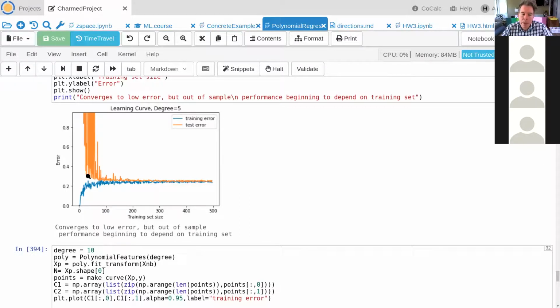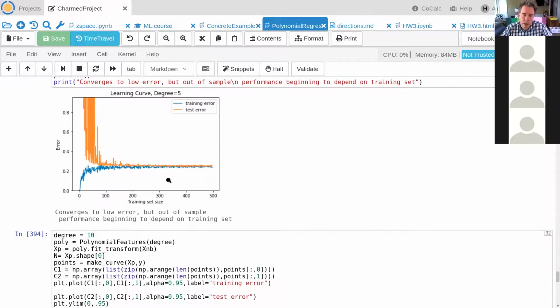So the best is low, converging to a low error rate, but because you have more degrees of freedom in the model, it takes more training data to constrain all 5 of those parameters and give something that reflects the way the data really is.